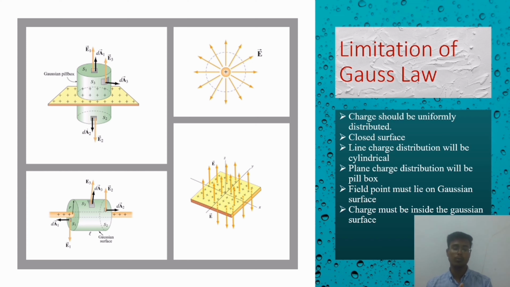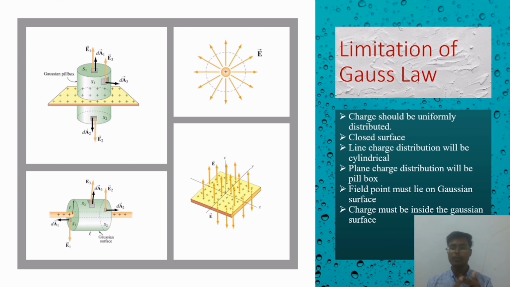So that means if you want to find the line charge, the distribution will be cylindrical. And when you are looking for the plane charge distribution, it will be a field box, or it could be cylindrical.